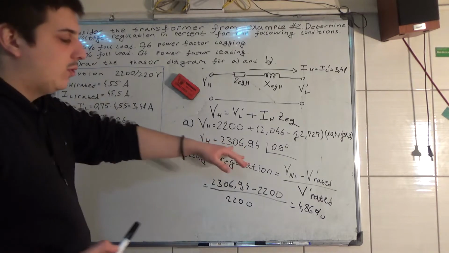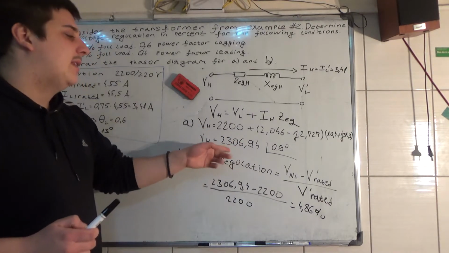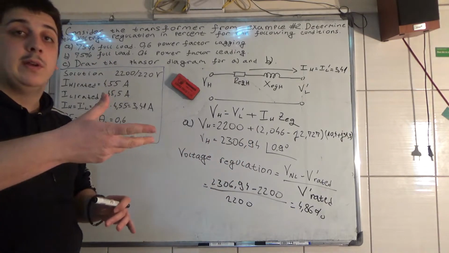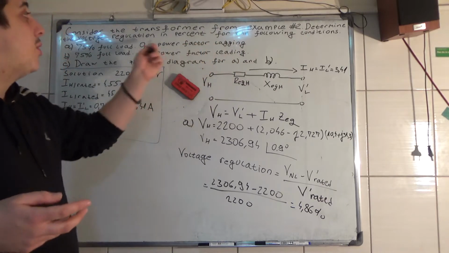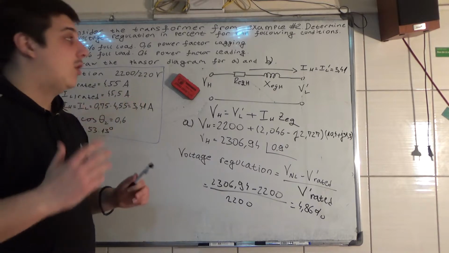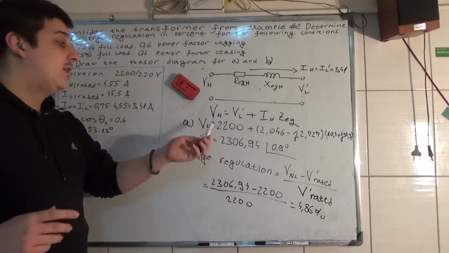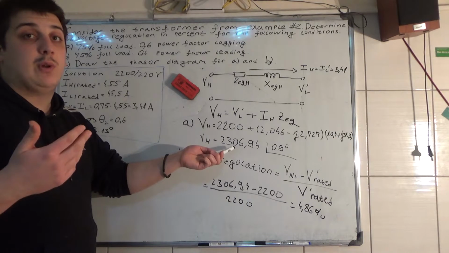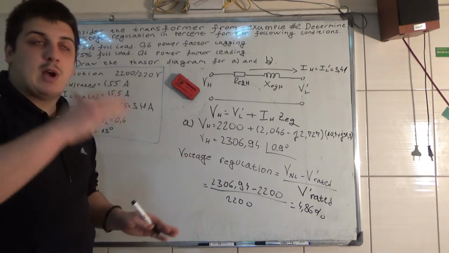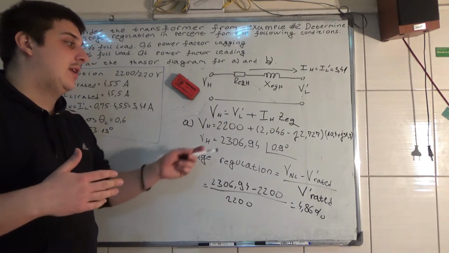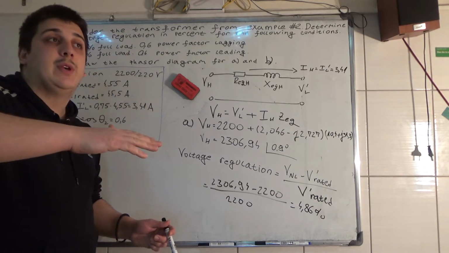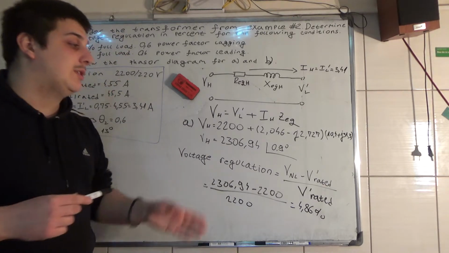Now, if you bring a load that has 0.6 power factor lagging, so you have some inductances, or for example a motor, then this no load voltage will decrease from 230.694 to 220 volts. So this is the meaning of the voltage regulation.